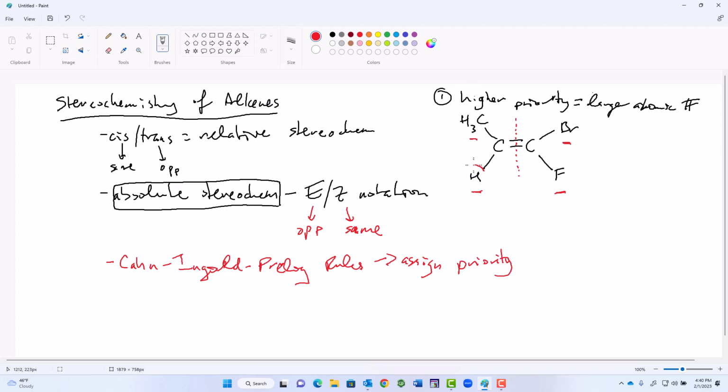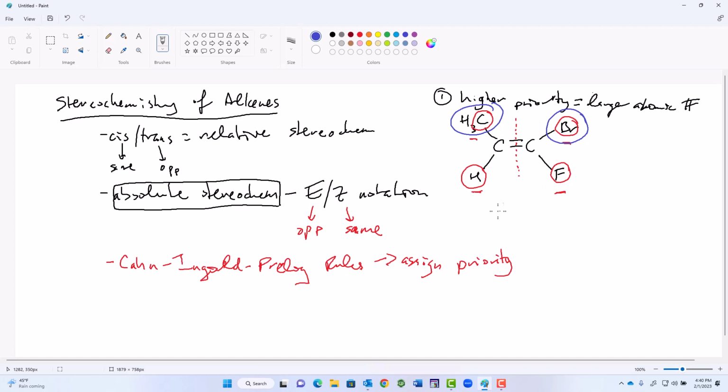So between an H and a carbon, the carbon is going to be the higher atomic number, so our higher priority substituent would be this CH3. If we look at fluorine and bromine, bromine is going to be the higher atomic number, so bromine will have the higher priority on this side.